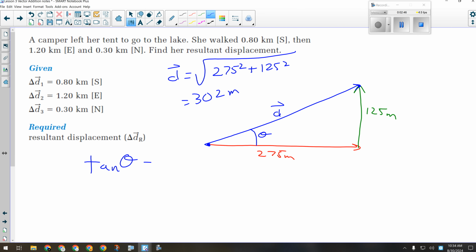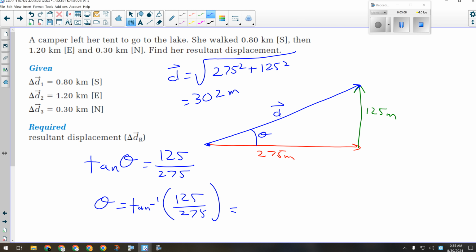The tan of theta equals 125, the opposite side, divided by 275, the adjacent side. Everybody okay with that? All right. So to find theta, I just take the inverse tan of that. Okay, and then I get that angle. I think it came out to 24.4, if I remember correctly.